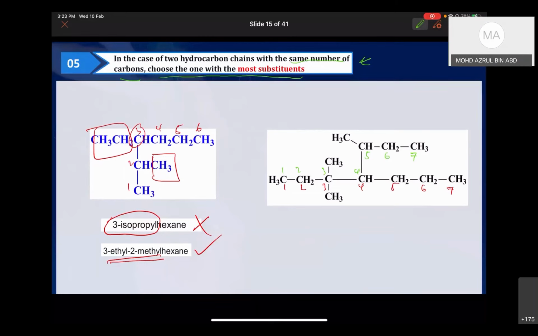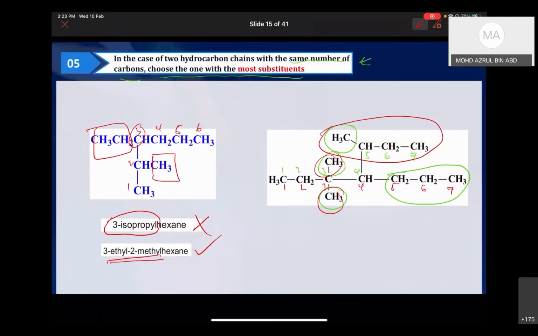The green one, because if we follow the green one, there are 1, 2, 3, and 4 substituents attached to the parent chain, instead of the red one, which has only 1, 2, and 3. That's why we need to follow the green one.